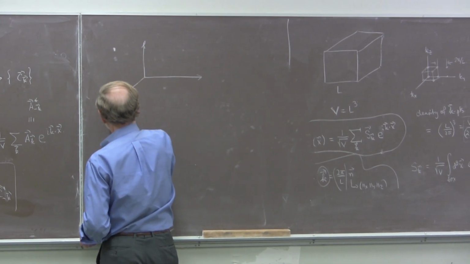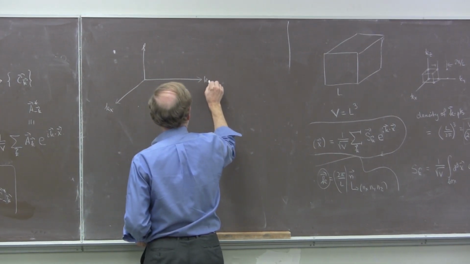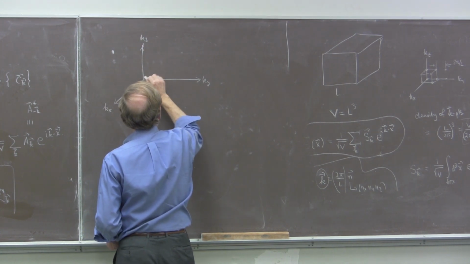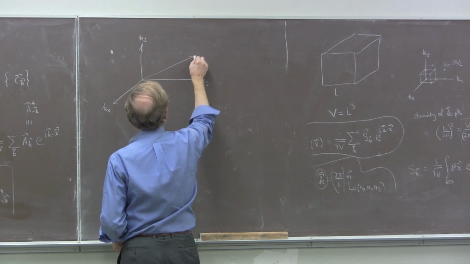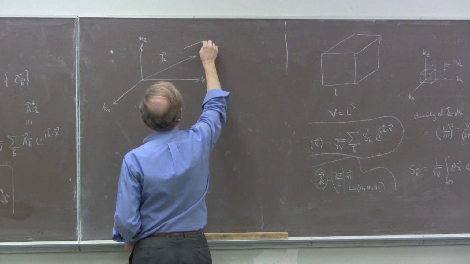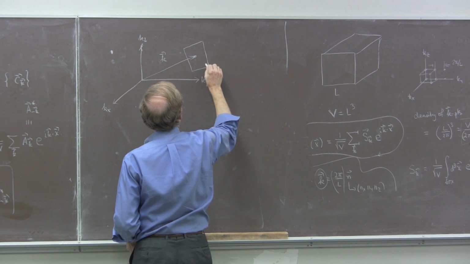So here's what we'll do. Here's kx, ky, and kz. And let's have a k vector going out to some point in k-space. This now should be a lattice point. Let's draw in the transverse plane like this.